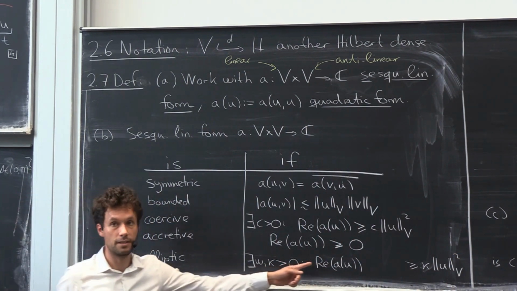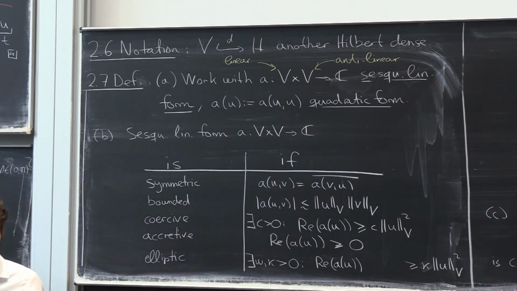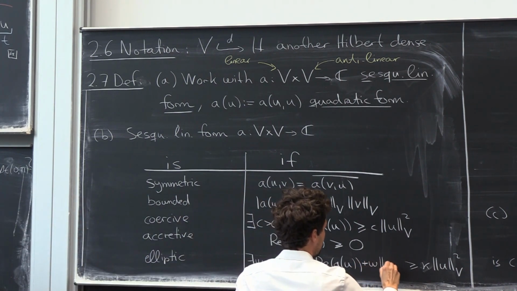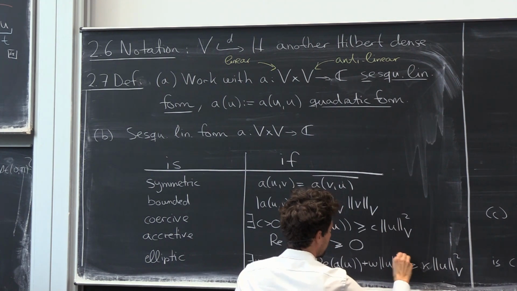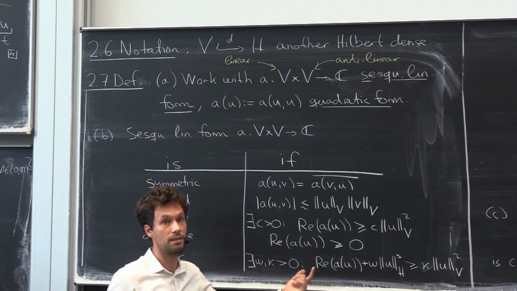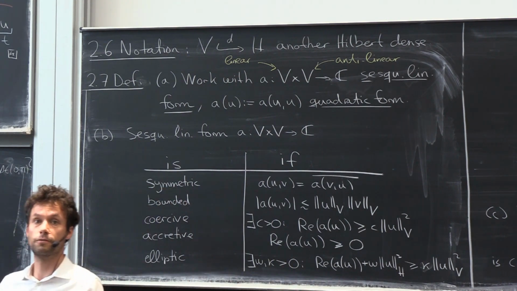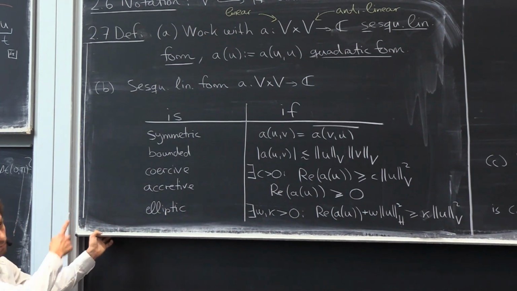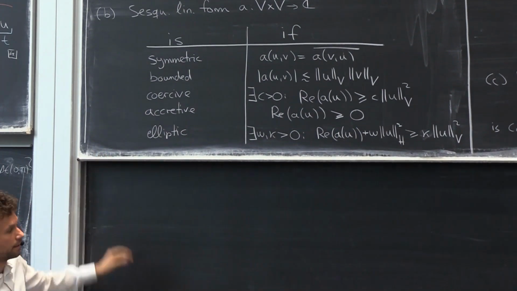This would be coercivity, but here I allow myself to work only in the setting where I can add a little bit of H norm squared to the left-hand side to make the form coercive. Okay, so this perspective, ellipticity means coercivity of a slightly shifted form, will be important in the next section. And then you're going to fully appreciate why it's a good notion for what we're trying to do here. Okay, for the moment, this is vocabulary.